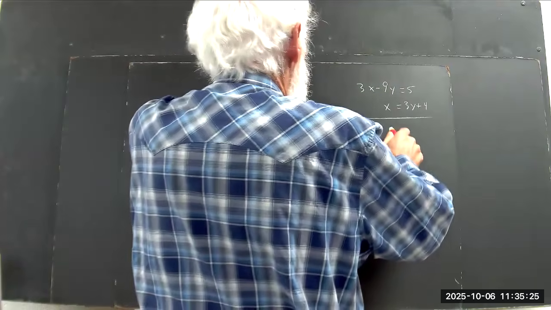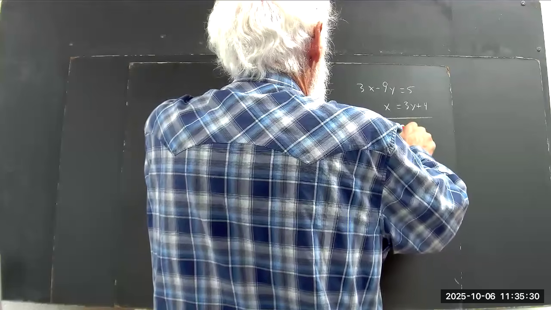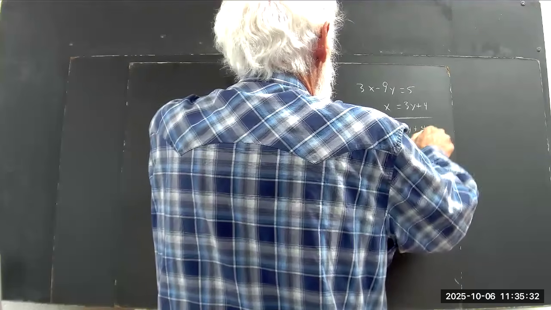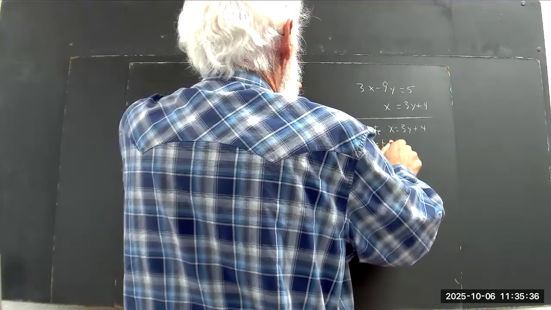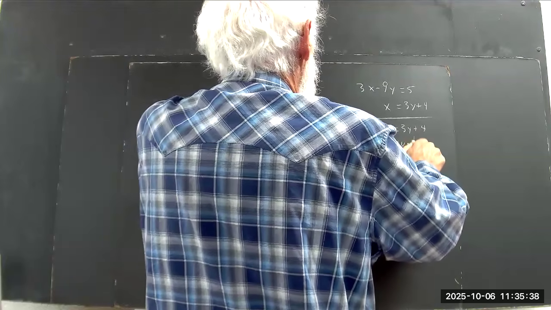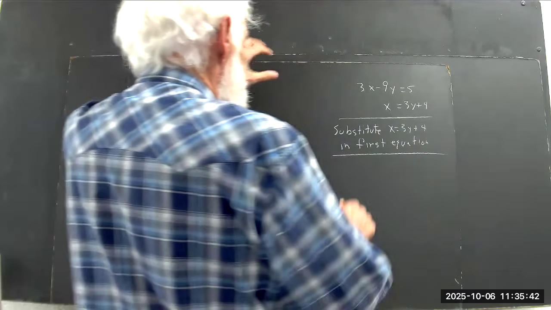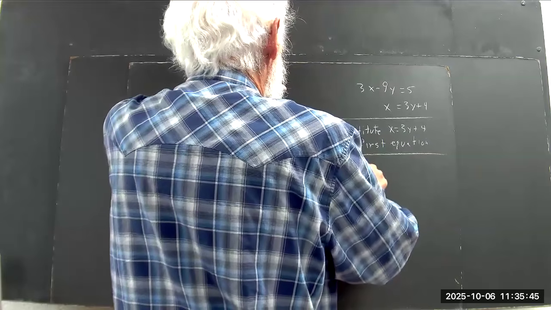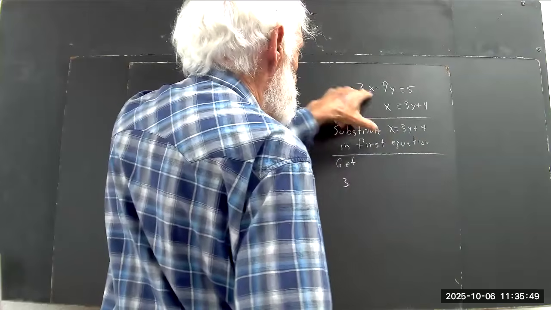Substitute this in the first equation. We get, okay, instead of x, we can write 3y plus 4 here.